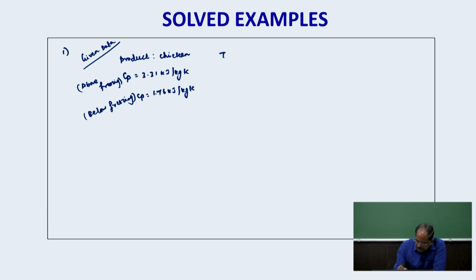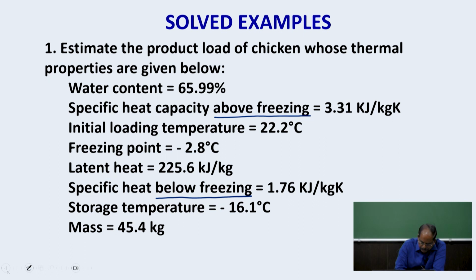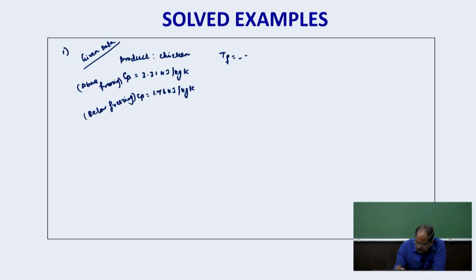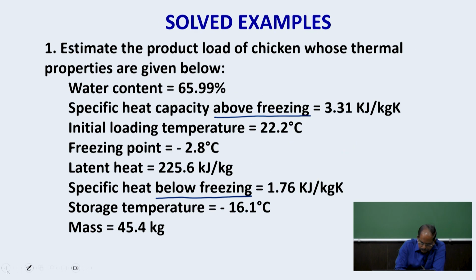Freezing point, TF, the freezing temperature, is given as minus 2.8 degrees centigrade. So, here F refers to freezing. Quantity, the mass, is given as 45.4 kg.